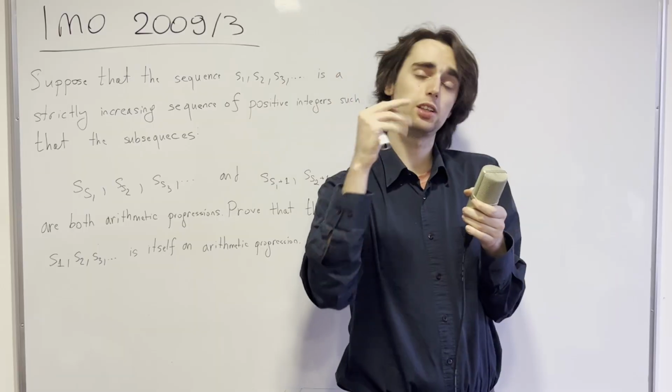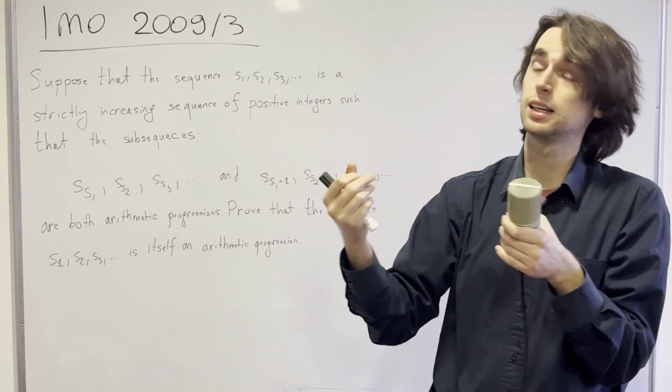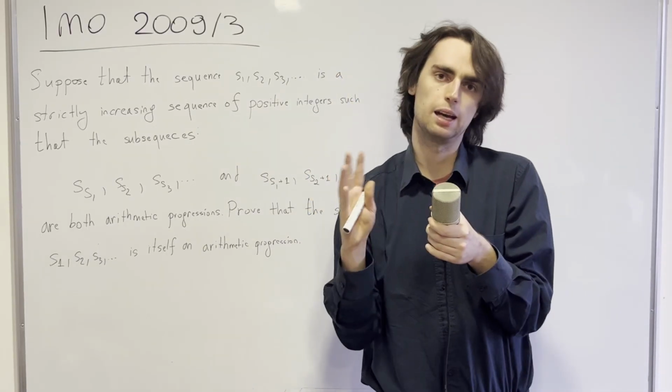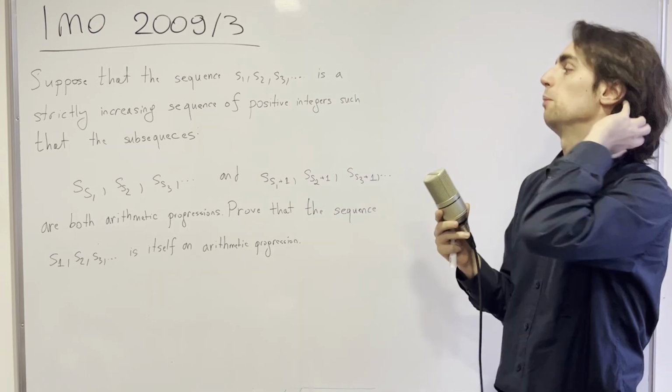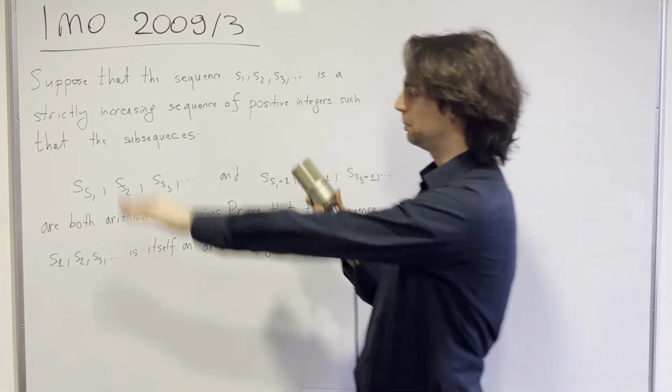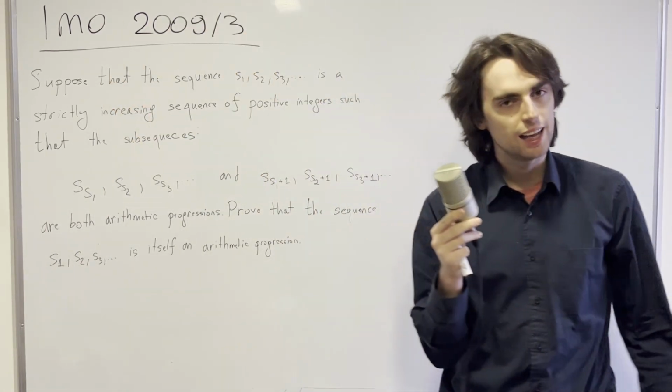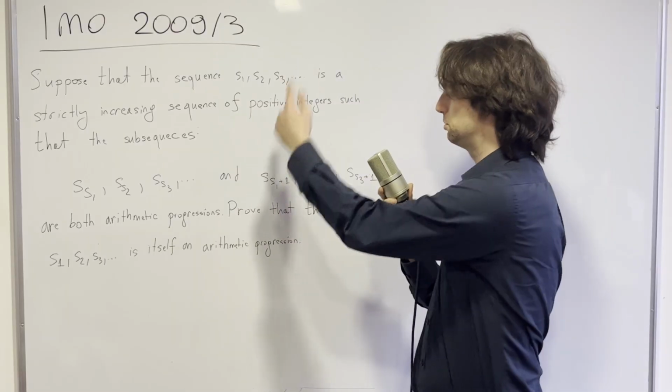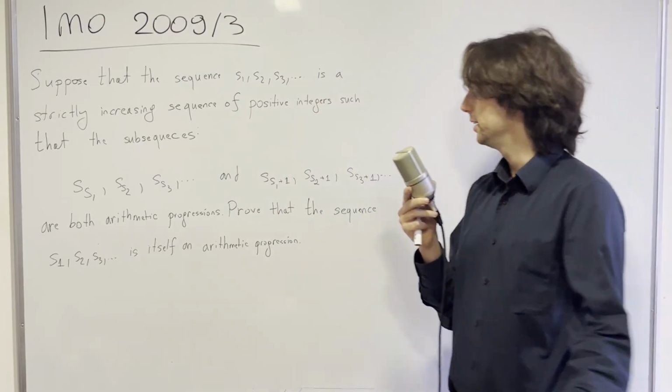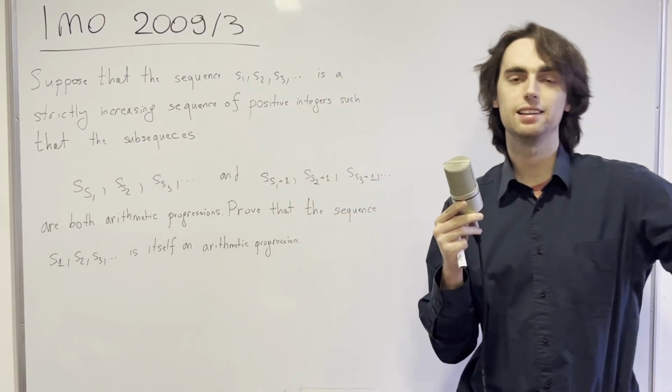And there are two things you can do to solve problems at the beginning. If you don't feel comfortable just jumping right in and saying, let this be a plus n times d, and this be b plus n times e, right?